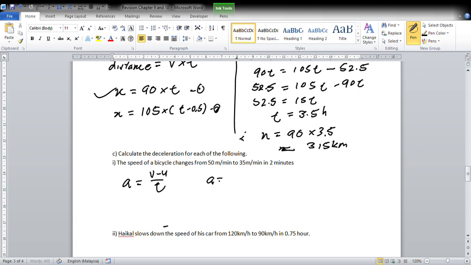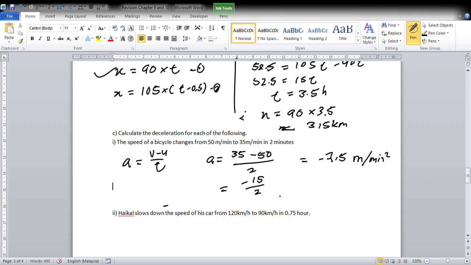So a will be final, 35 meters per minute, minus 50, over 2. So it's negative 15 over 2. The answer will be negative 7.5 meters per minute squared.